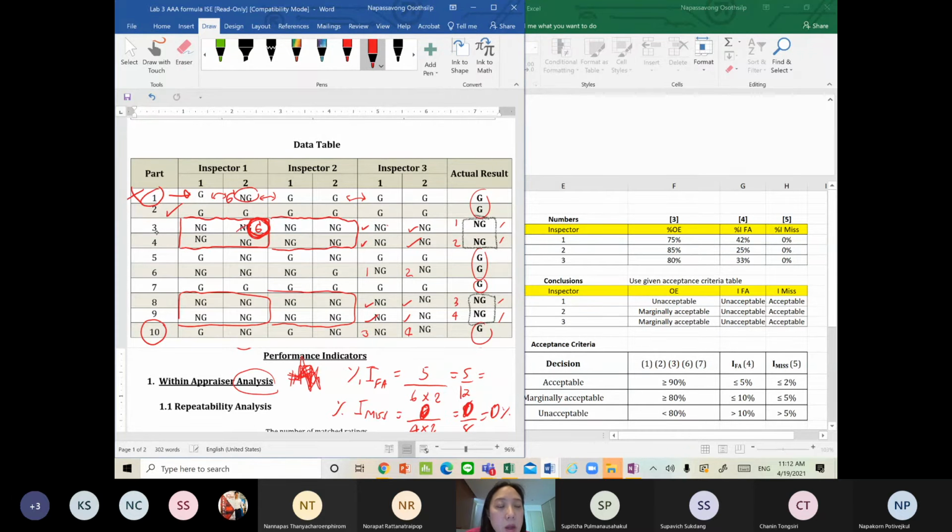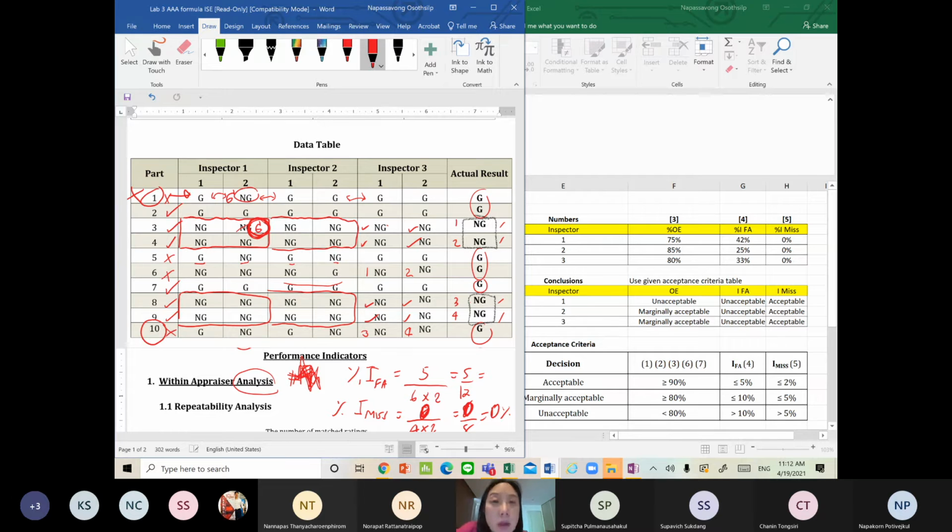Part number 3, all NG, so repeatability is okay. 4, okay. 5 is not okay because G and NG, right? Different results. 6 does not pass because G and NG here. 7 pass, 8 pass, 9 and 10.